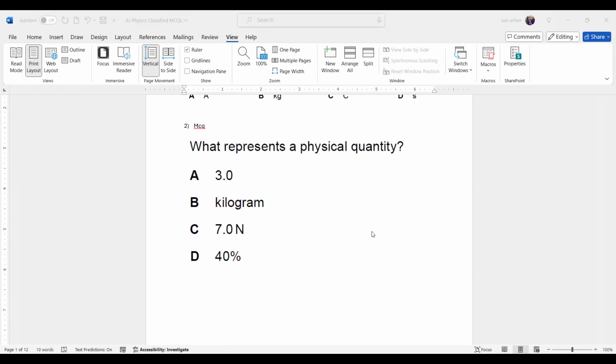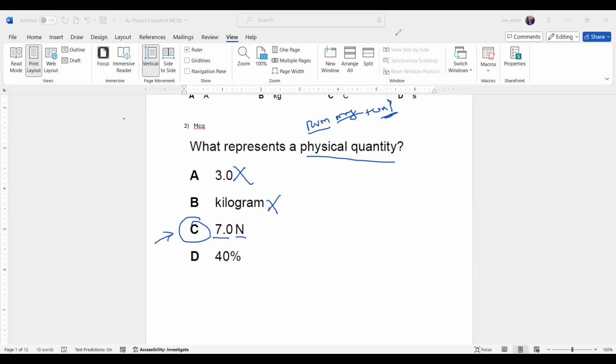To represent a physical quantity, there should be a numerical magnitude and there should be a unit. So 3 is just a magnitude. Kilogram is just a unit. It does not represent a physical quantity. A physical quantity should have a numerical magnitude and a unit. That's why C will be the right answer.